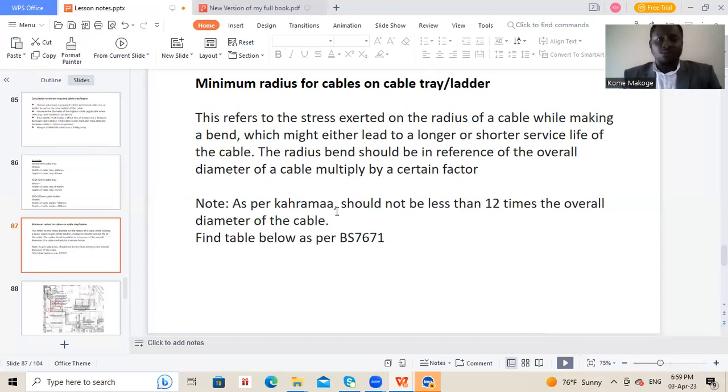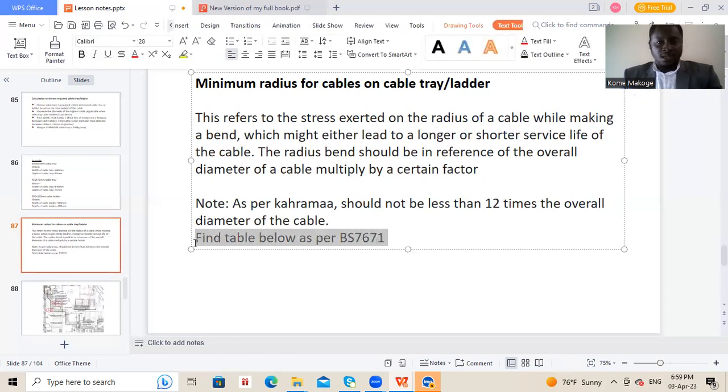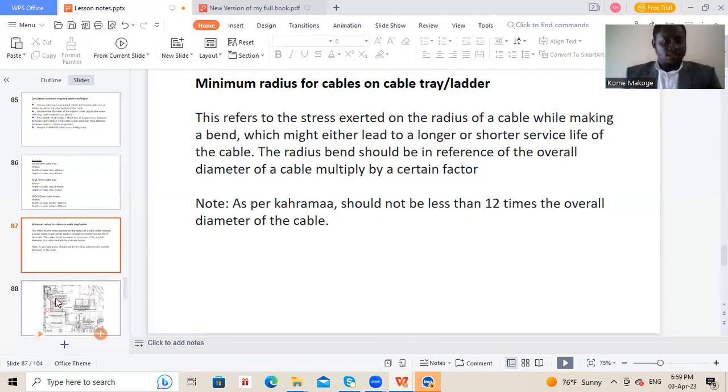This factor will be determined based on certain codes or the specific project specification. In this case, we'll be looking at Karama, where it should not be less than 12 times the overall diameter of the cable. Find the table below, which I have to remove from here. We'll discuss that in the next session.